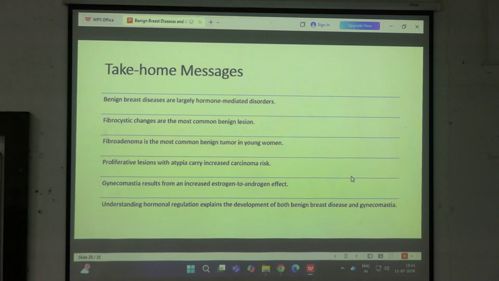Just summarize gynecomastia in short. Causes: the main thing is increased estrogen and less androgens.